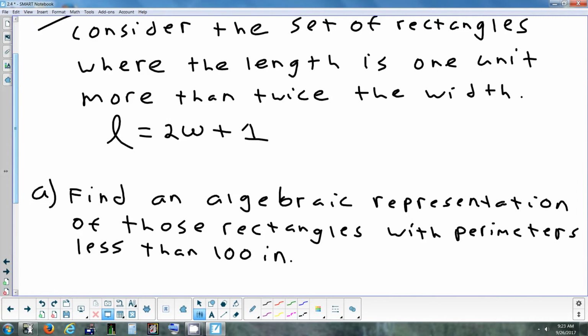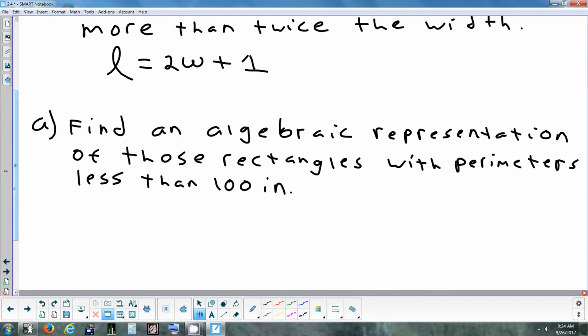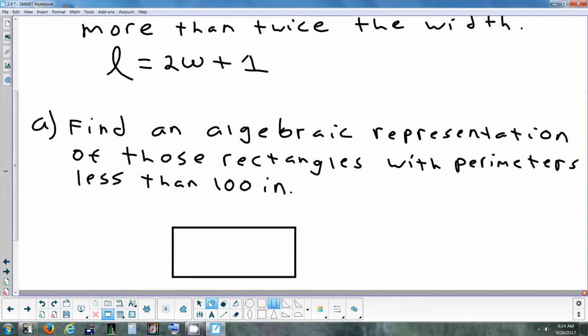Find an algebraic representation of all those rectangles with a perimeter less than 100. Okay, so here is our rectangle.